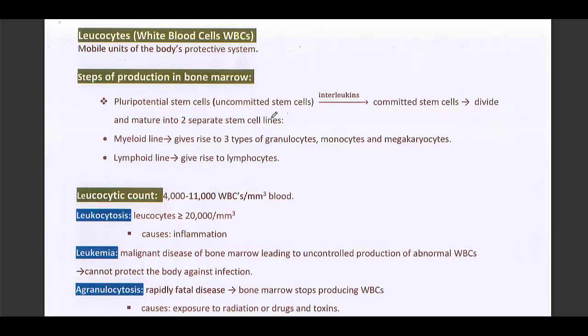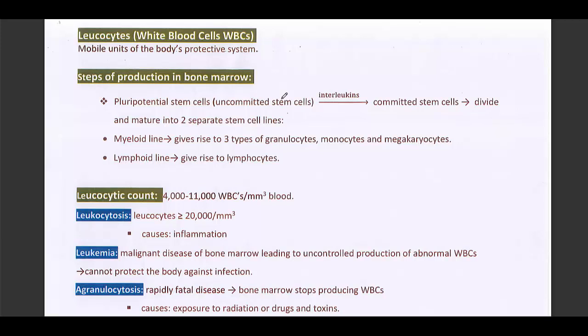Finally, let's move to leukocytes, or white blood cells. It is the mobile unit of the body's protective system, very important in immunity. Its production is in bone marrow.